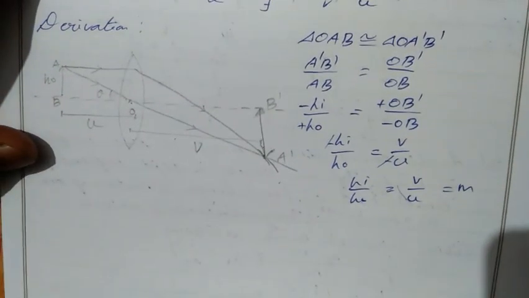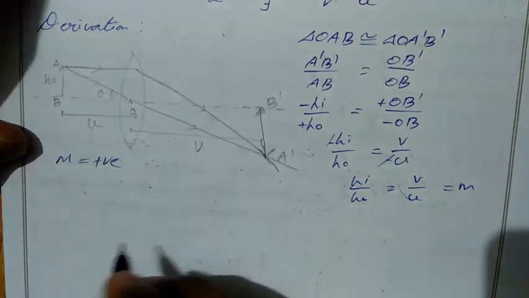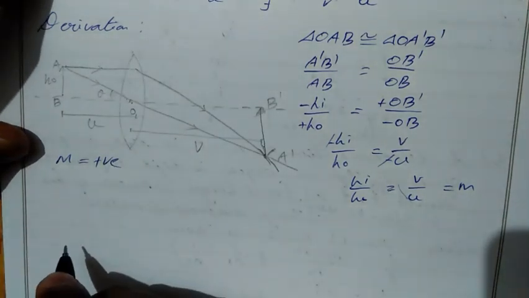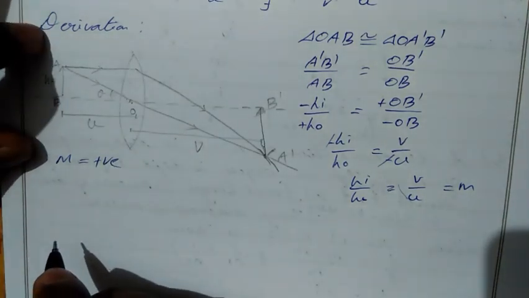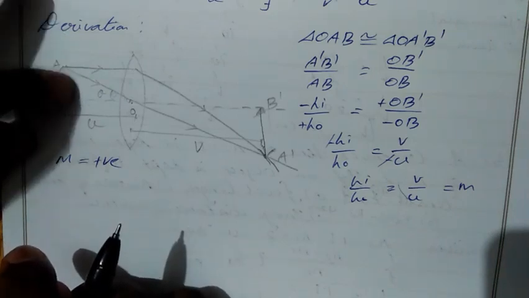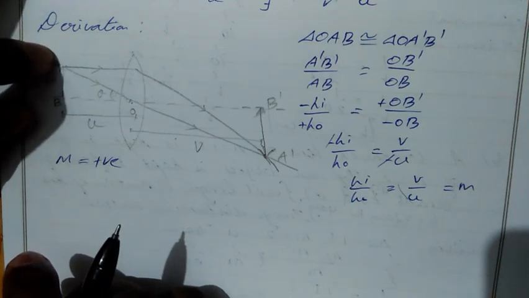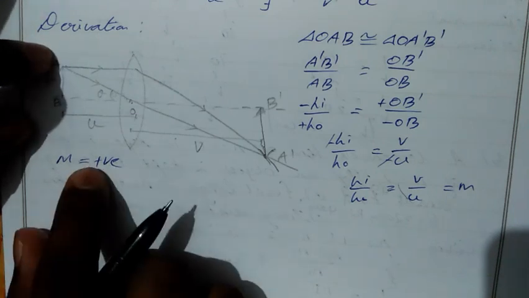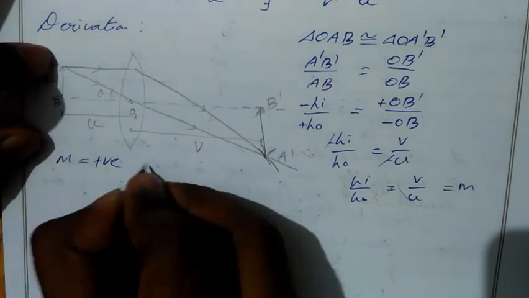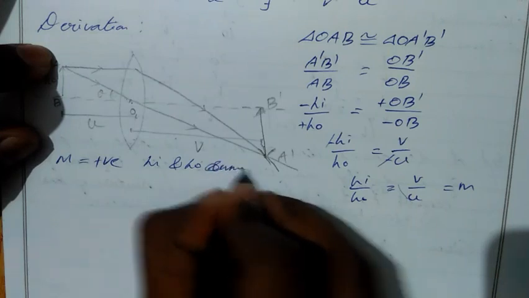You have to note some important points. If M is positive, which means Hi and Ho are in the same direction, that is, both object as well as image are in the same direction, I mean the same sign. If both have the same sign, then we have magnification as positive, so we can say Hi and Ho have the same sign.